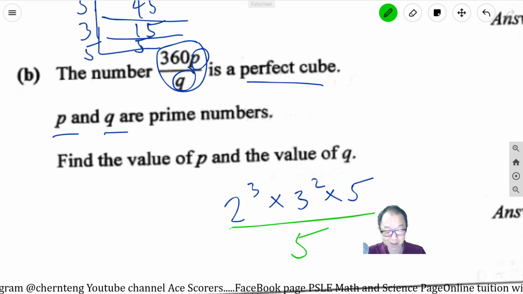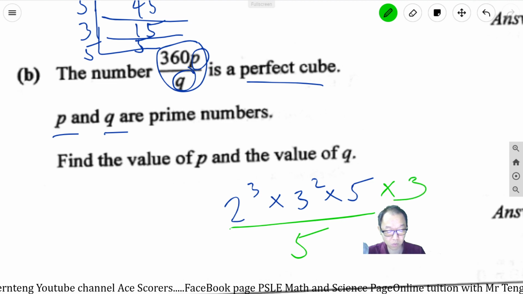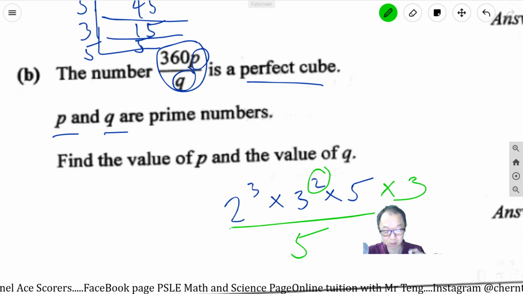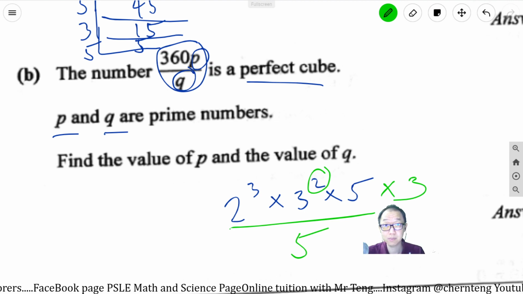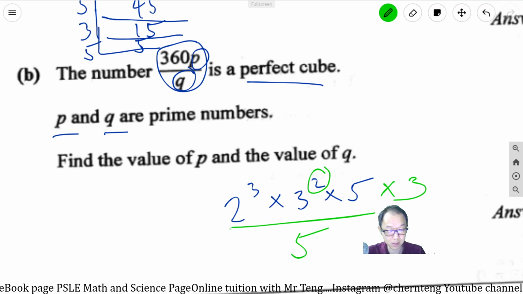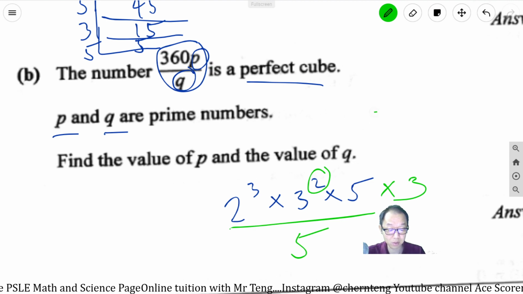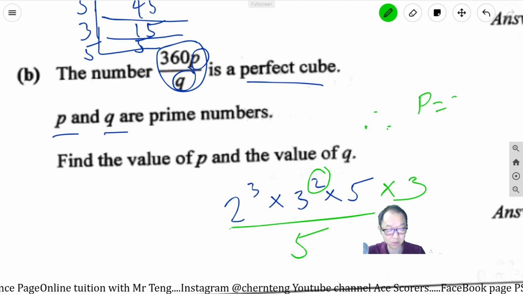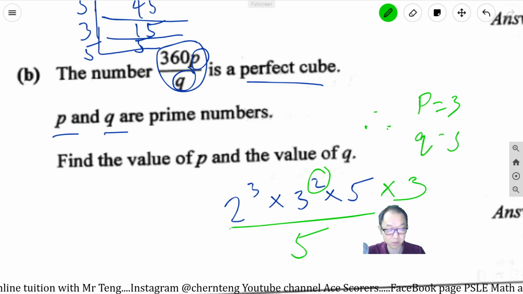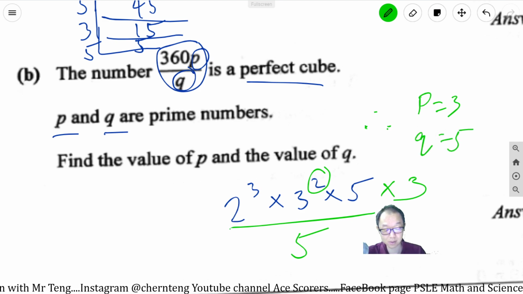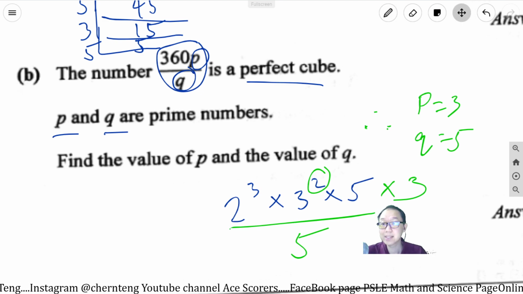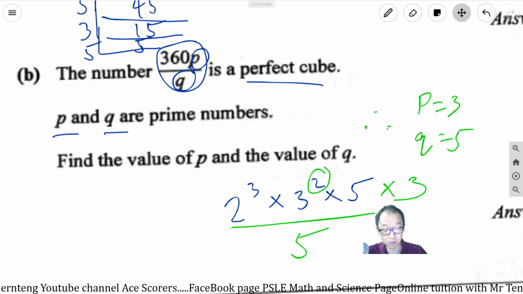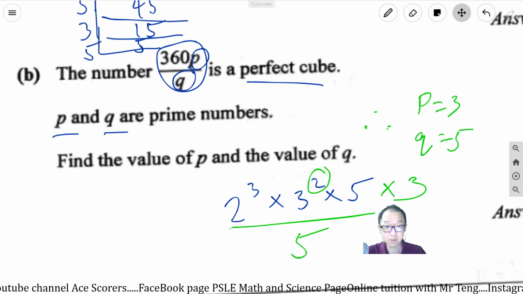And I need to times 3. Why? Because I want this to be power 3. When it's power 3, I can split them into 3 groups. So therefore p equals 3 and q equals 5. I'm not too sure if this is the correct representation, but I just want you to get the answer and the logic behind that. Important thing, get the logic first.